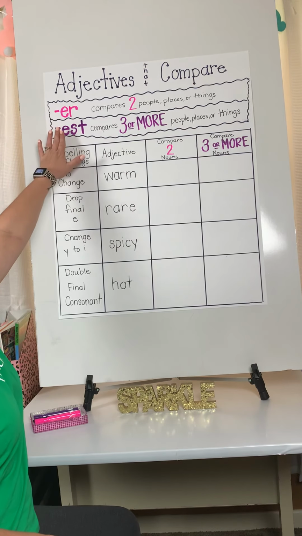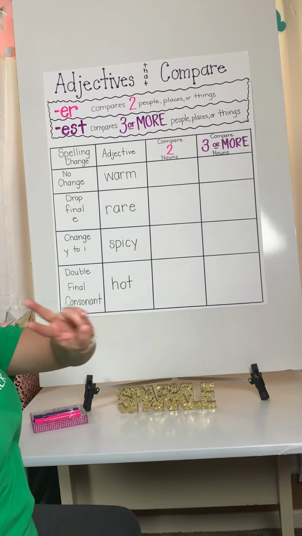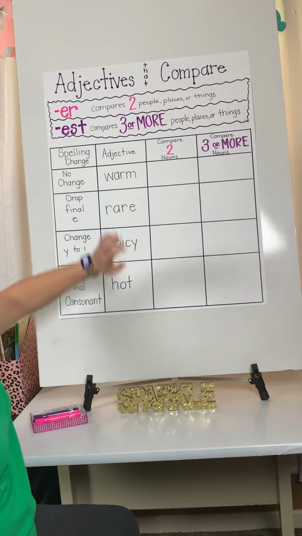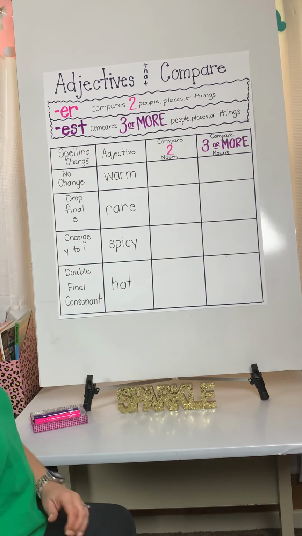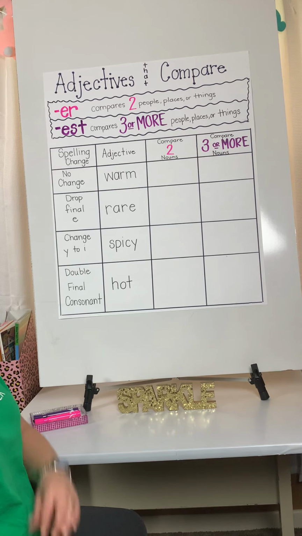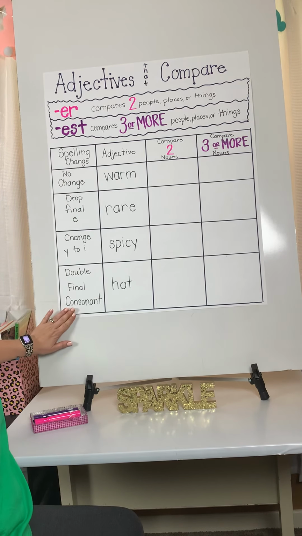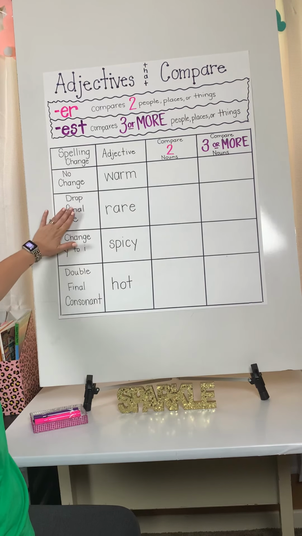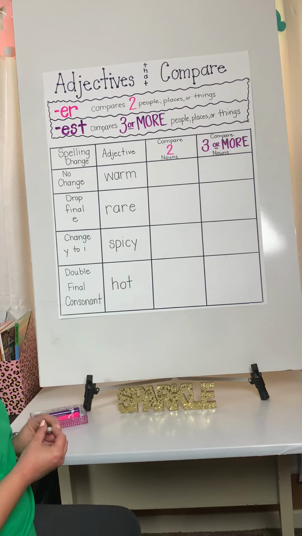We have a review up here that ER compares people, places, or things, so two nouns. EST compares three or more nouns or people, places, and things. I have the chart set up because depending on the word, sometimes we have spelling changes. So we're going to go through an example of each one of those spelling changes.